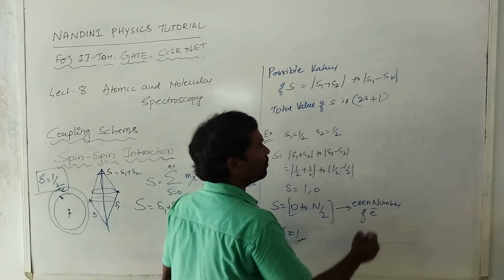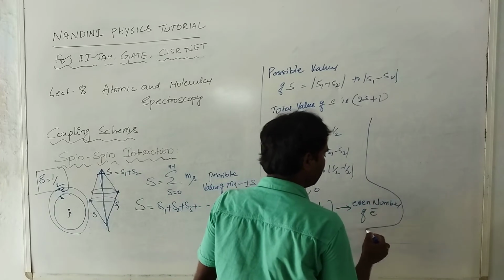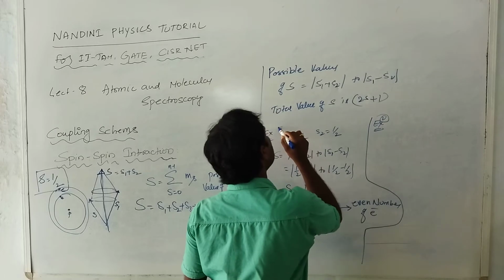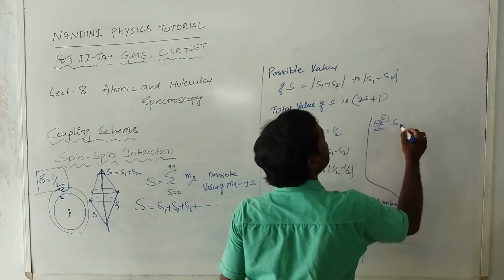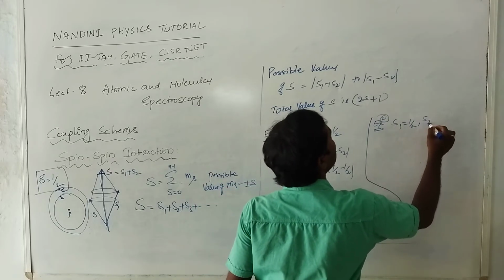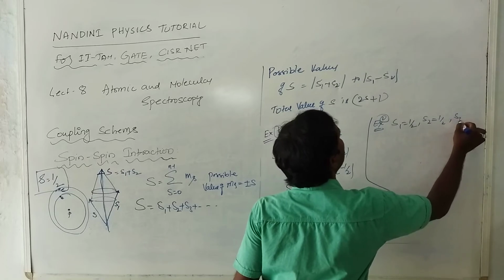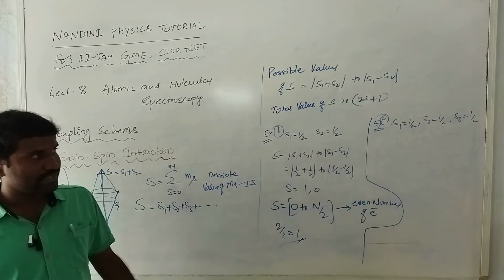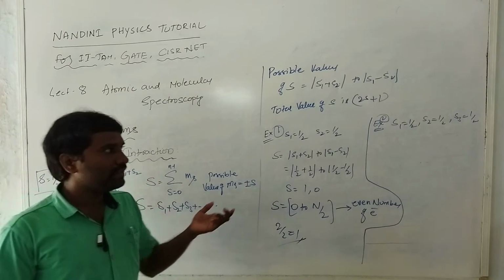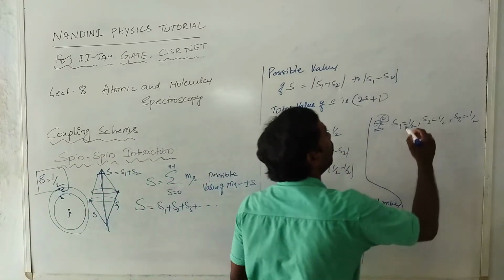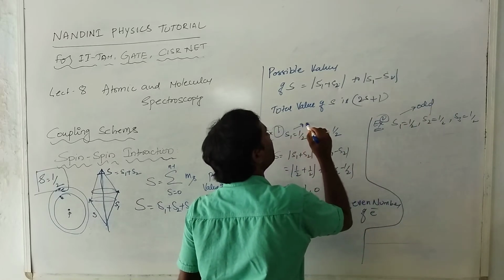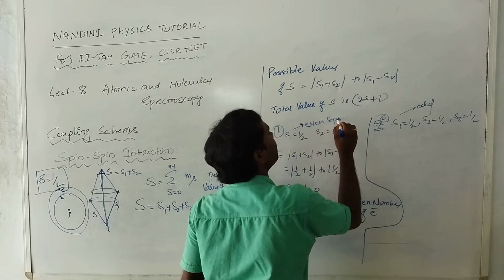Now in the same case I'll consider example 2; this was example 1. In example 2, I consider s1 equal to half, s2 equal to half, and s3 equal to half, so I'll consider 3 spins right now. This is an odd number of spins, whereas the earlier case is even spin.